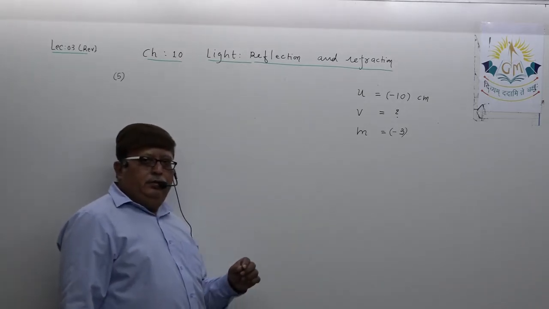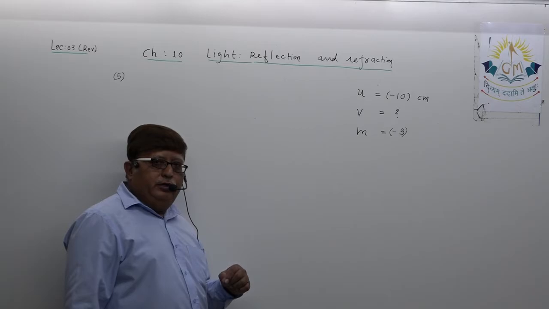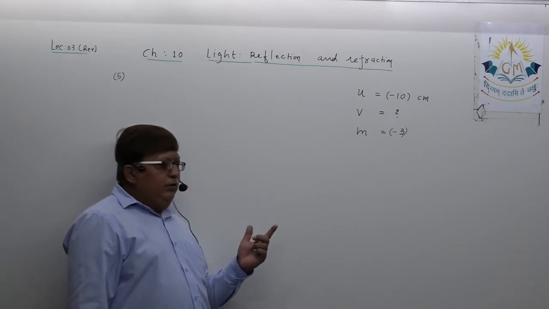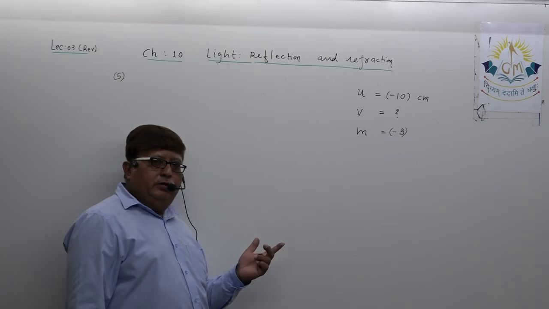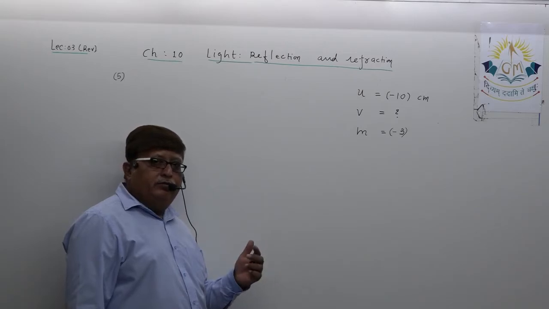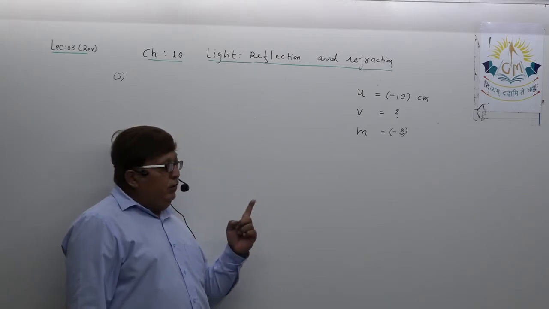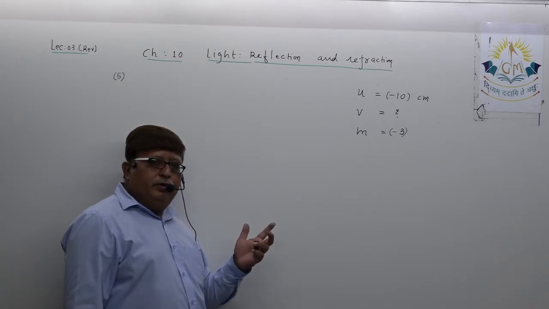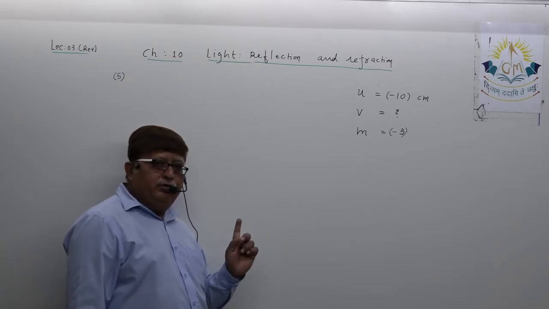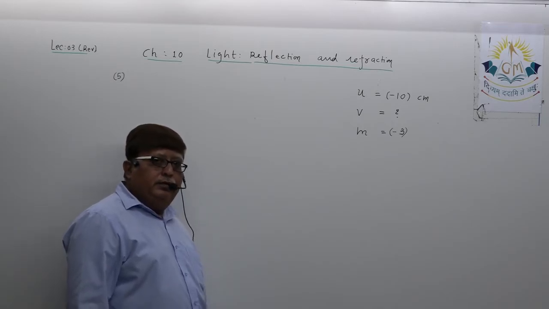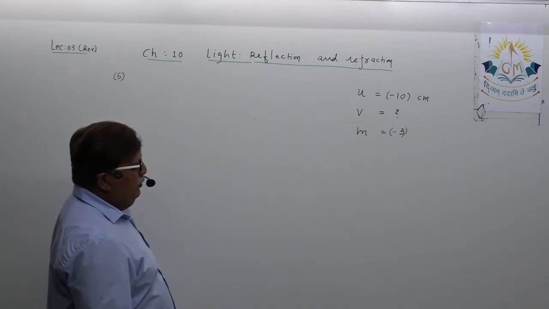When the image is real, obviously inverted, but when you say the image is real, that simply means that magnification is going to be negative. These are some of the important concept clarity, dear student, you have to match with for solving any particular example.